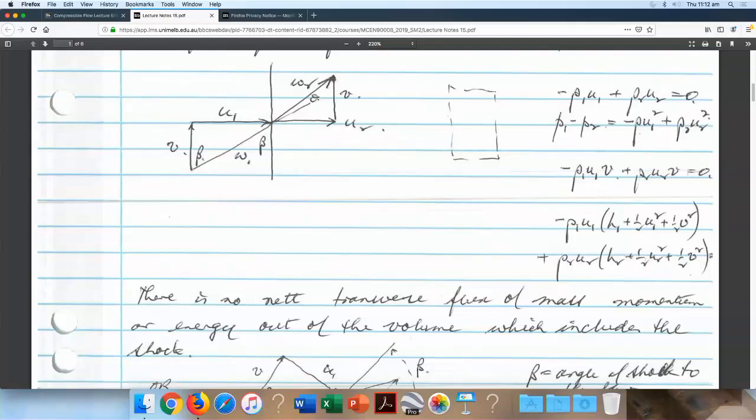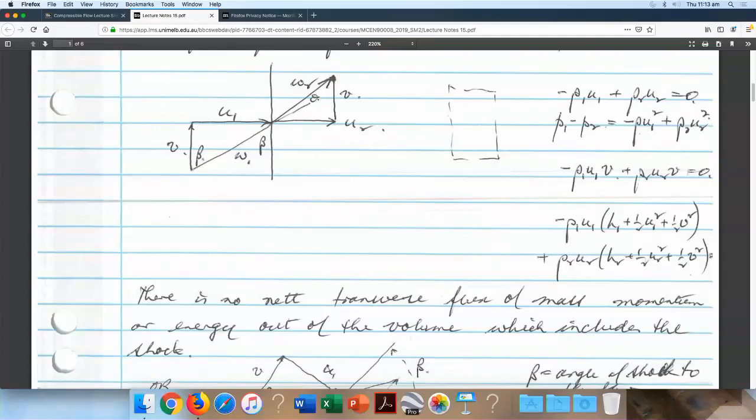And you can see that if U1 is greater than U2, it must be, and I have the same V, then the flow will have turned through an angle theta, because V over U2 is the tan of this angle. And this angle here is the same as this angle here. We have beta here, so this is 90 minus beta there.